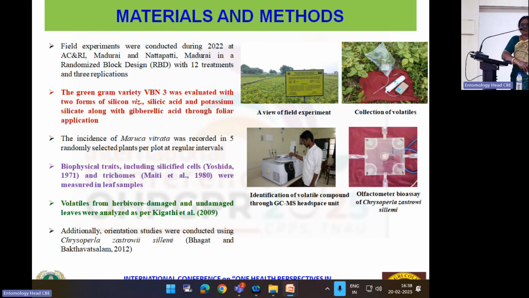The incidence of Maruca vitrata was recorded in 5 randomly selected plants, and biophysical traits, particularly silicified cells and trichomes, were analyzed as per standardized procedures. Volatiles from herbivore-damaged and undamaged leaves were also analyzed as per the standardized procedure. Additionally, orientation studies were carried out using Chrysoperla.